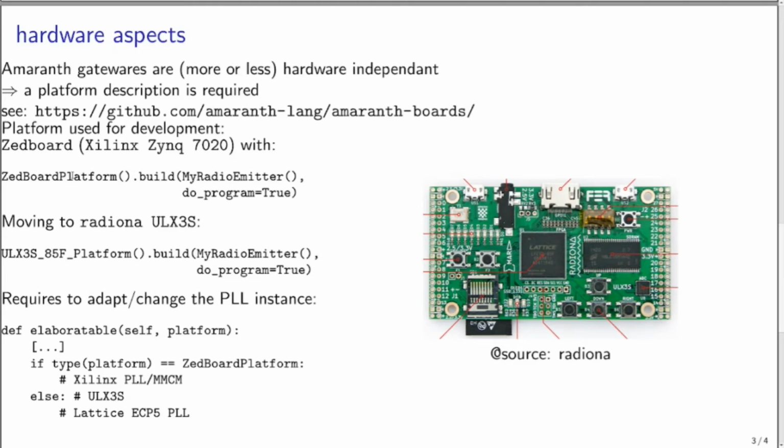So we have used the Z-board based on the Xilinx Zynq device, and to build the gate array for this platform, we have used ZBoardPlatform with parentheses, so this is an instance of the platform, and we have called the build method by passing the instance of our gate array. The do_program option is used to specify to load the bitstream to the device after the end of the build.